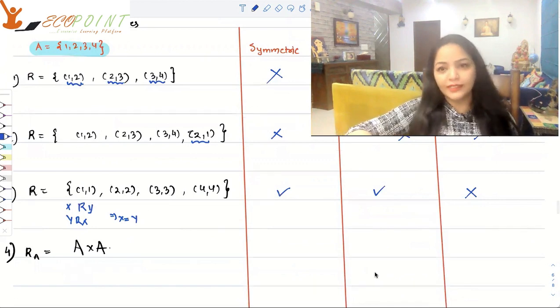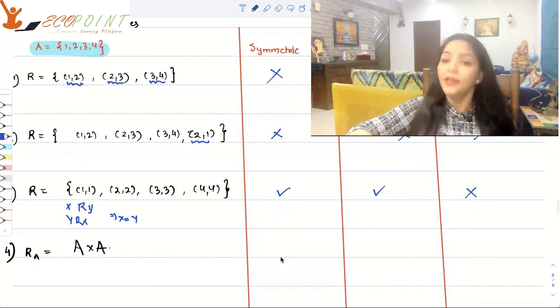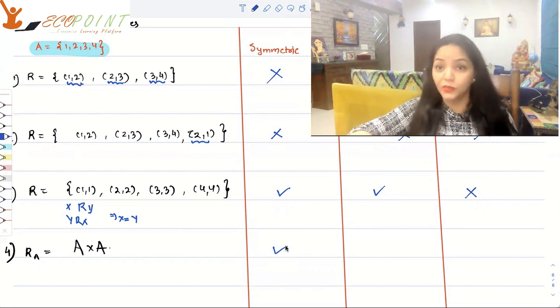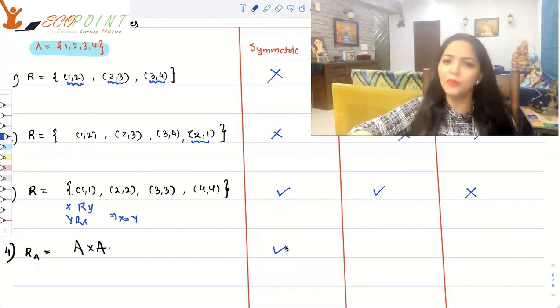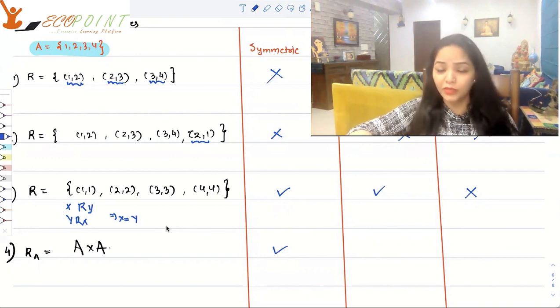If you take the set of all Cartesian products, all ordered pairs, then will it be a symmetric relation? Absolutely, because all ordered pairs are there, so all opposite pairs will be there, right? Will it be antisymmetric? Well, you have (1, 1), (2, 2), (3, 3), (4, 4), and these were the 4 elements.